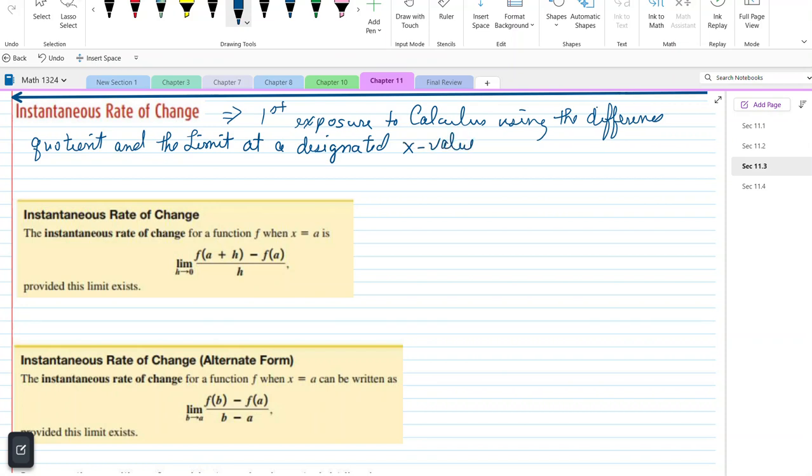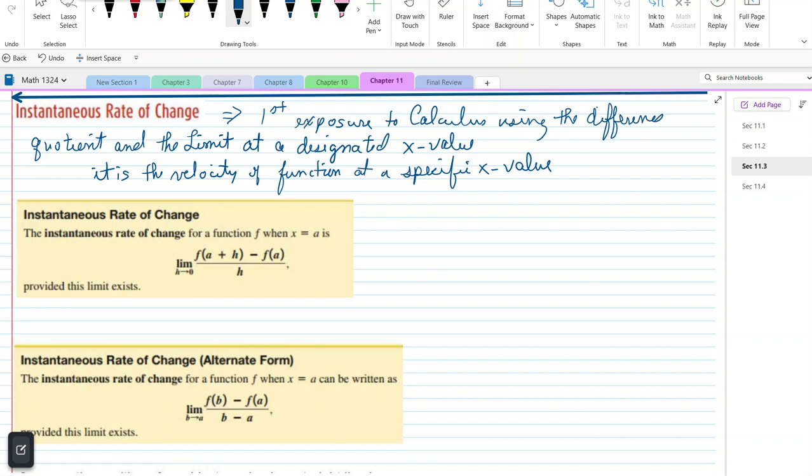And what instantaneous rate of change is, is the velocity of the function at a specific x value. All right, and now we're getting very precise about what is happening with the movement of the function.